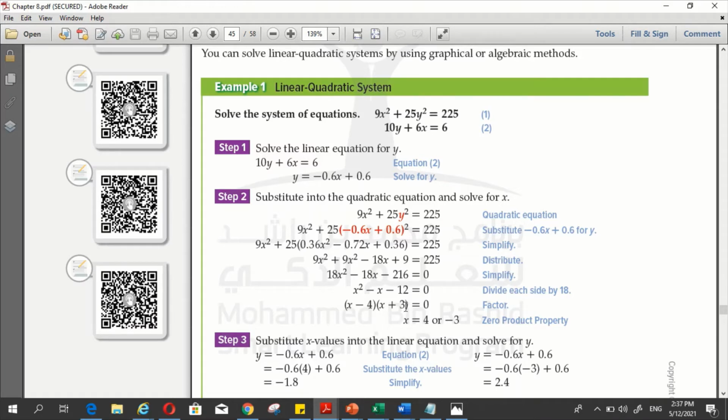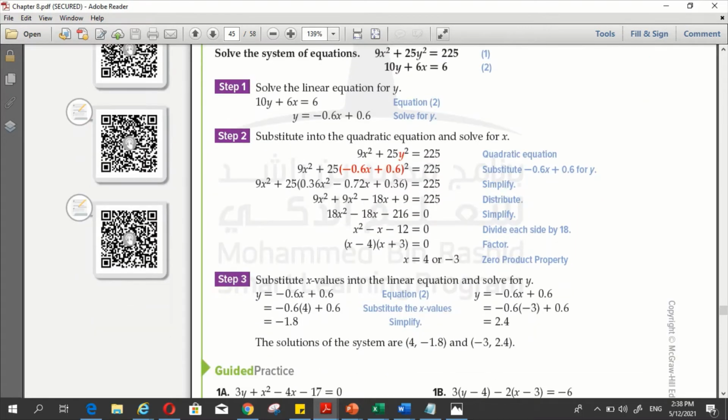Then I can divide the whole equation by 18 just to make it easier, and solve the quadratic equation by factorizing. Two numbers whose multiplication equals minus 12 and whose summation equals minus 1 are minus 4 and plus 3. That's it. Done.